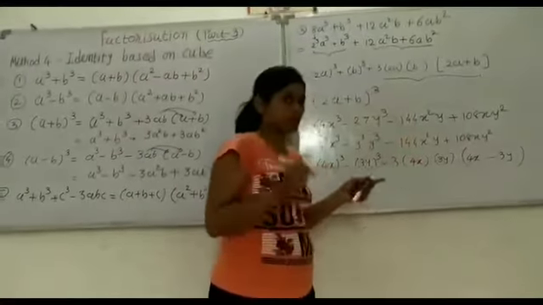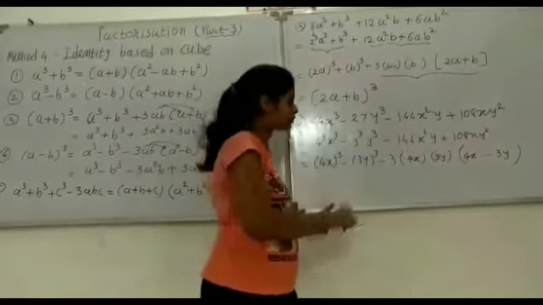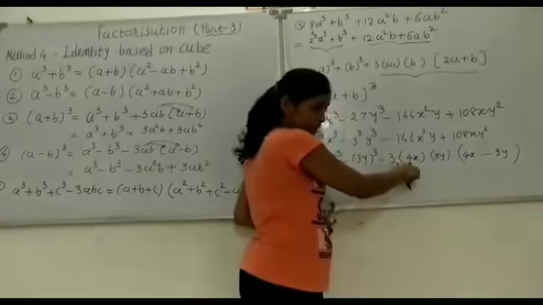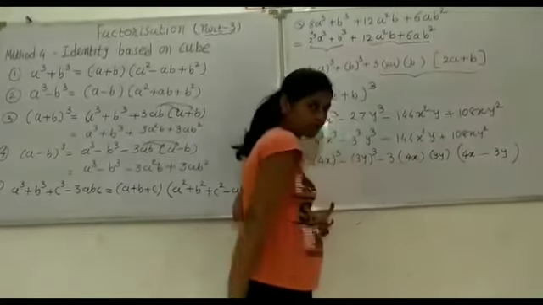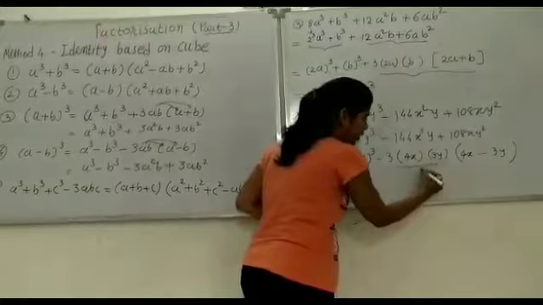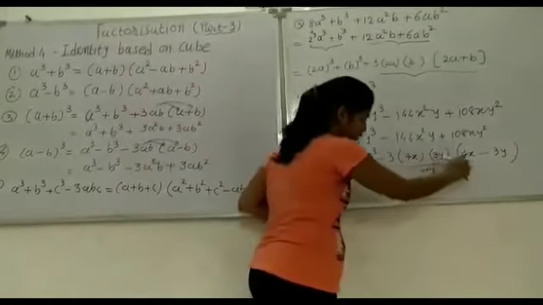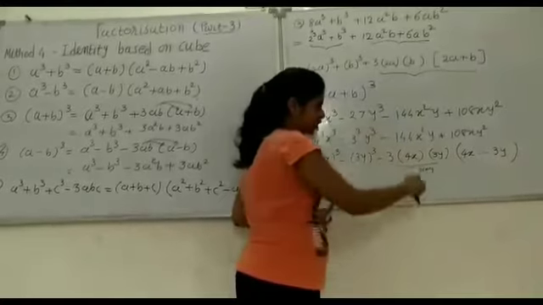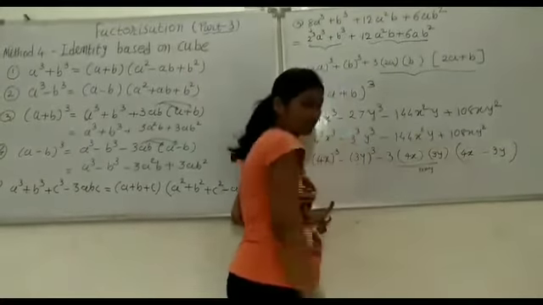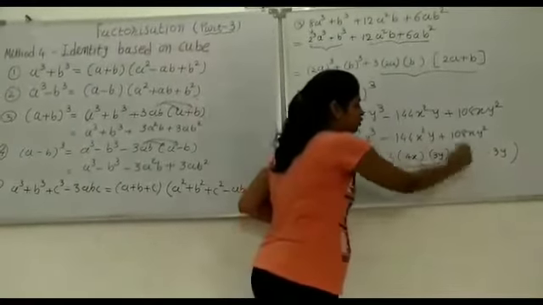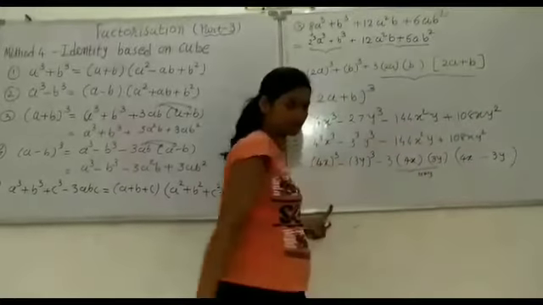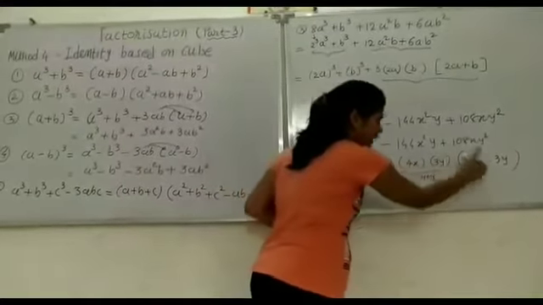Now cross check. Cross check must be required. 3 4s are 12 and 12 3s are 36, so this becomes 36xy. Now check. Minus plus minus: 36 into 4 becomes 144, xy into x square y. So this step is right. Minus minus plus.